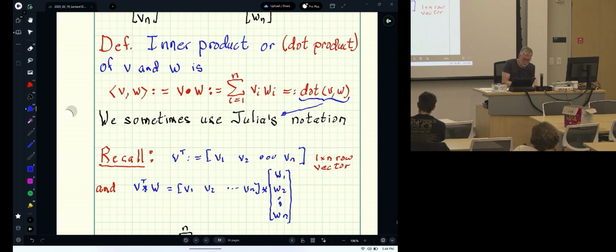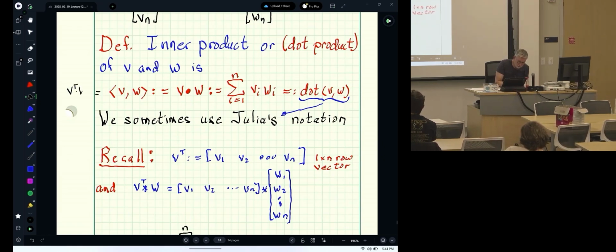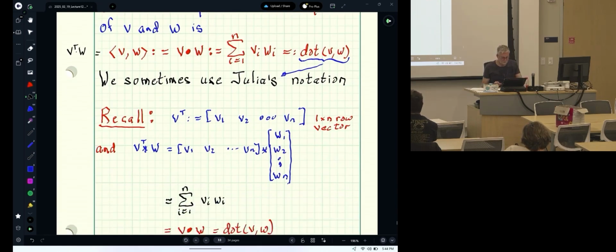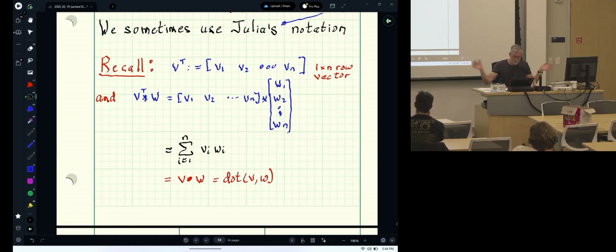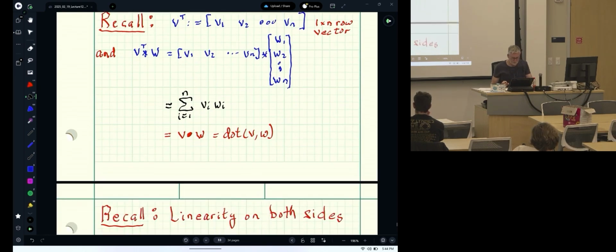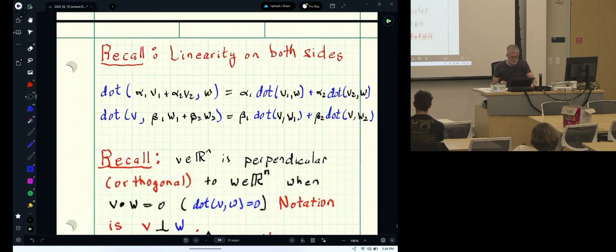It's V transpose times W. So I could also write this as, and that's not a dot, that's matrix multiplication: row vector times column vector. And there it is written out. So that's the dot product. It takes a row vector times a column vector and gives you a scalar, because that's how matrix multiplication works.